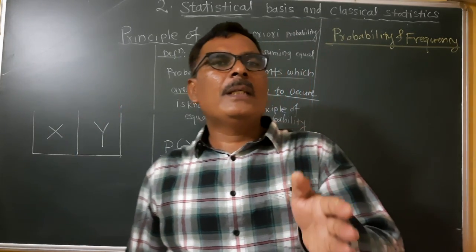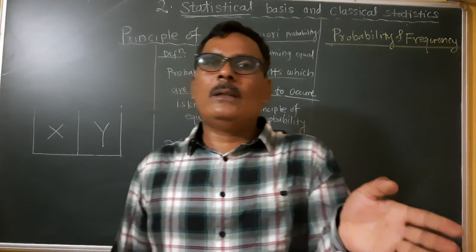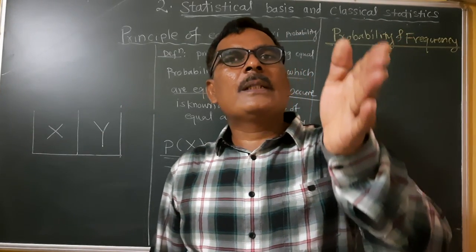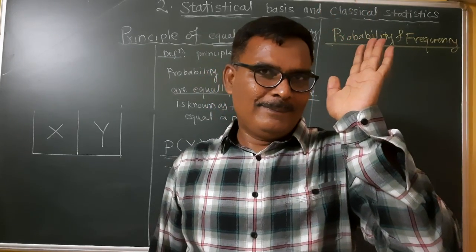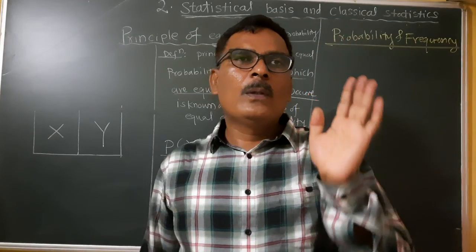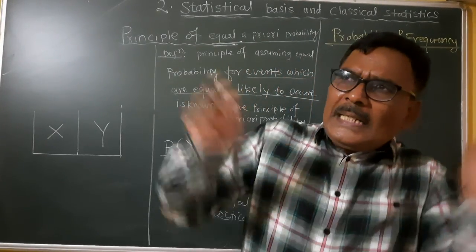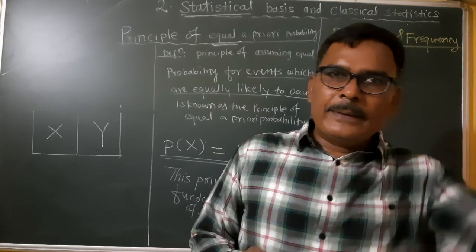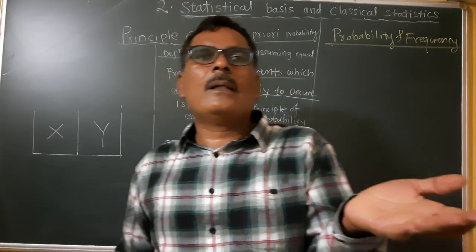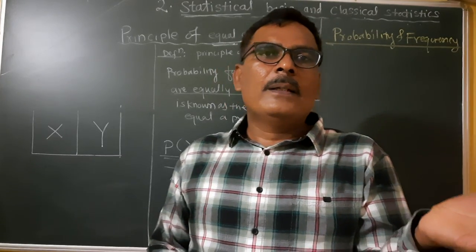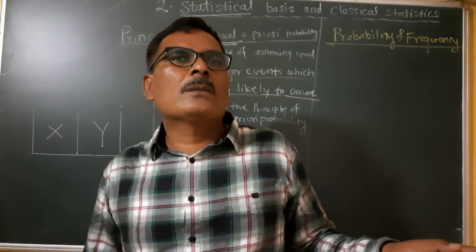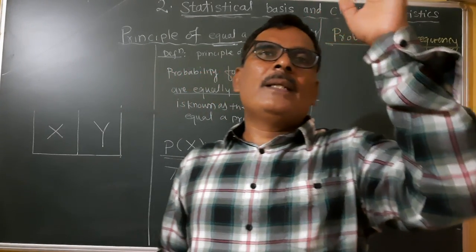What is the probability of a head occurring on top? That is 1 by 2 when we toss a single time. But when we throw the coin n times, say 50 times, the head may occur h times, say 10 times.